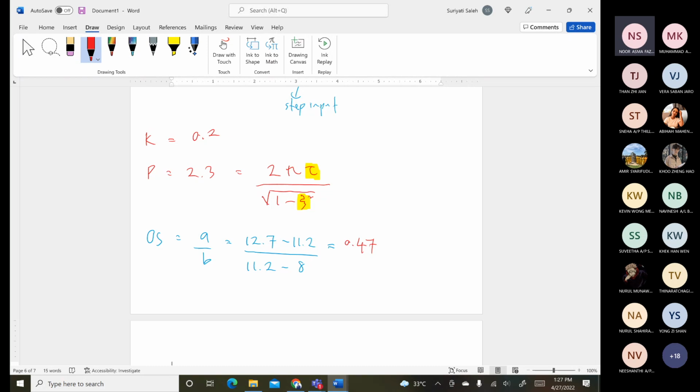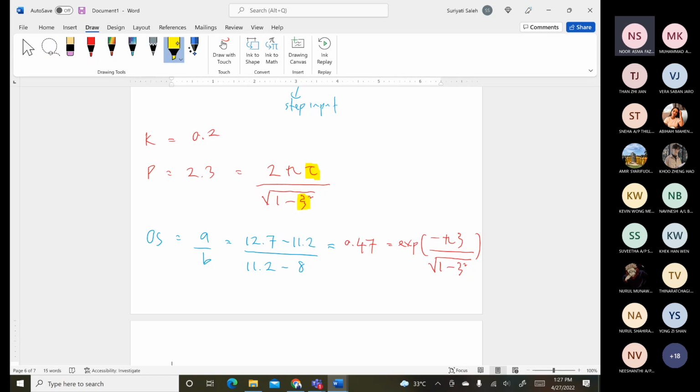So here, what can we do with the value of 0.47? In this case, we need to relate the formula. The overshoot has the following formula: exponent of negative pi psi divided by the square root of 1 minus psi square. So this is the formula of overshoot.